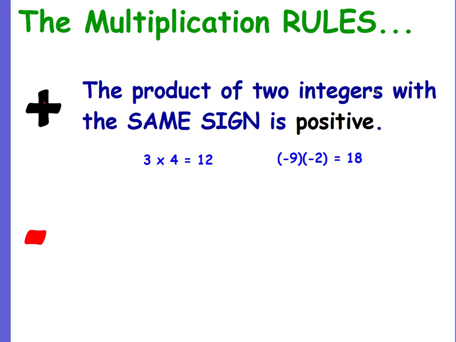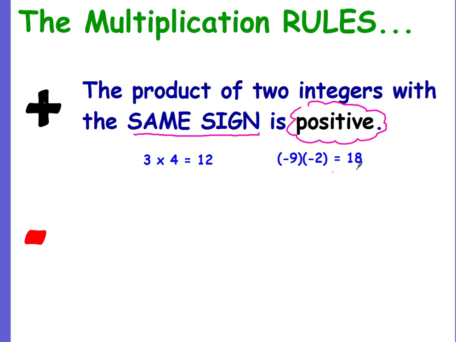The product of two integers with the same sign is positive. So where it says same sign, you're going to write positive. Here, 3 times 4, they're both positive. Same signs, positive answer. Here, negative 9 times negative 2, they're both negatives. Even though they're negatives, they're still the same sign.